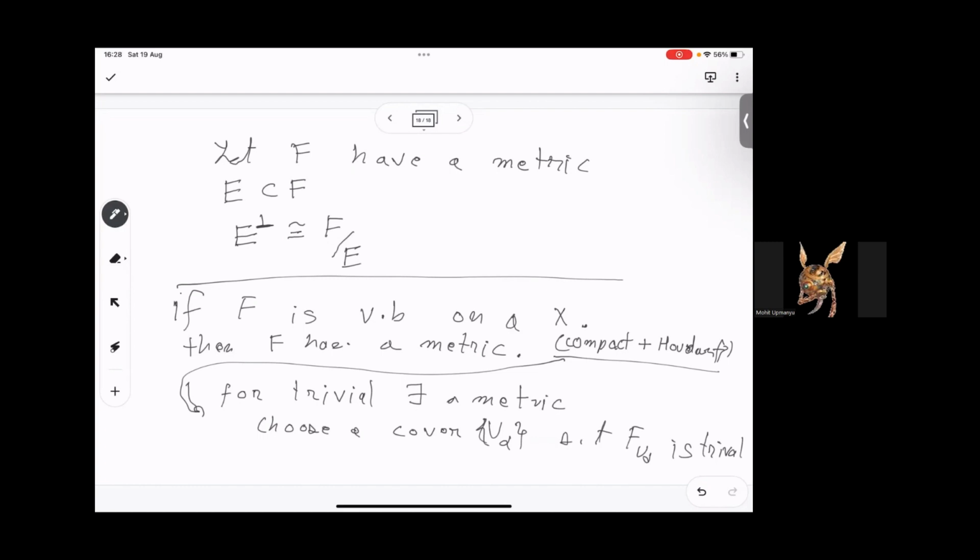Then, because the space is compact Hausdorff, we have a partition of unity, rho alpha.